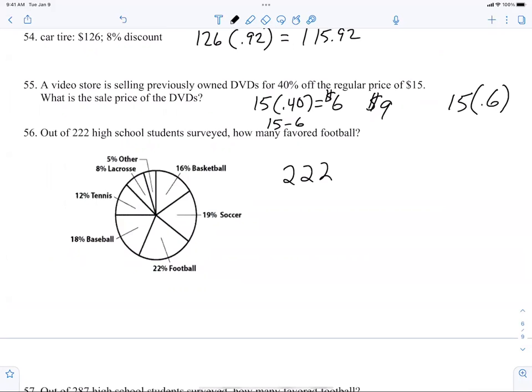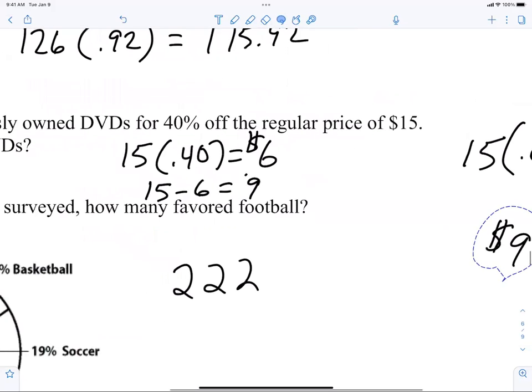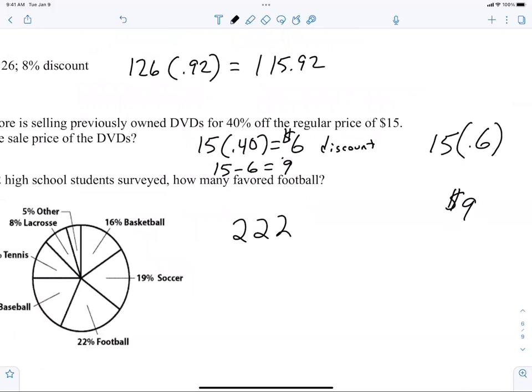It was 15 minus 6 was equal to 9. Because the $6, let me write this up here, the $6 represents a discount. Does that make sense to you? All right, so then you would take the original cost minus the discount. Every time we have a sale price, we do the discount and then subtract it.